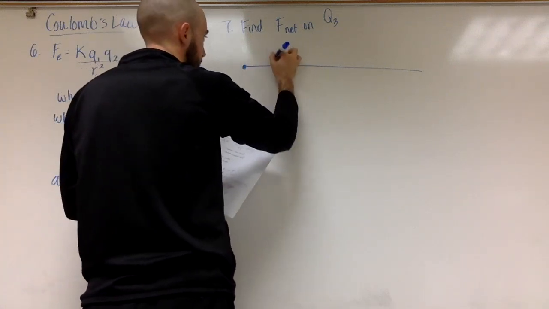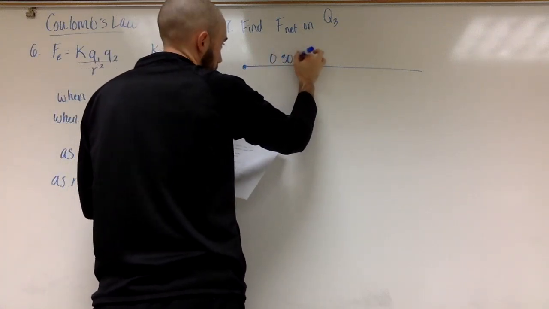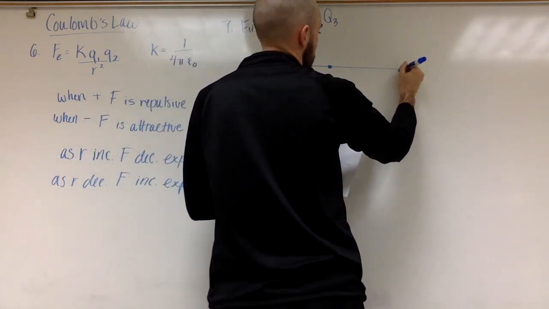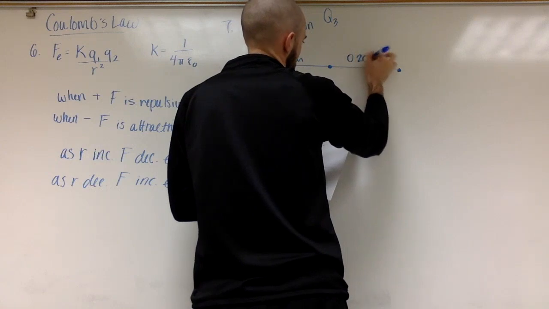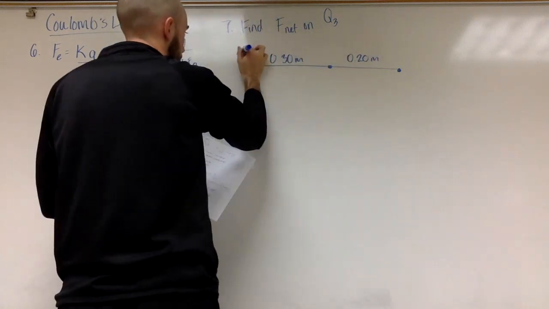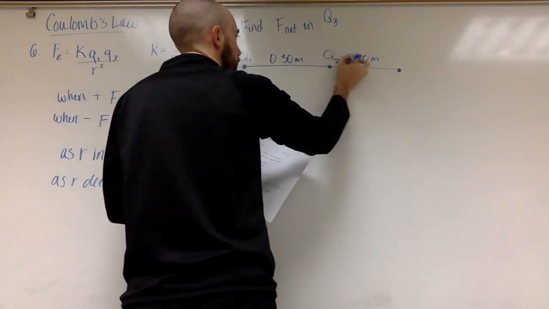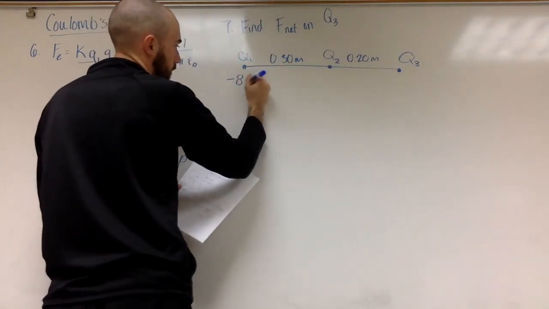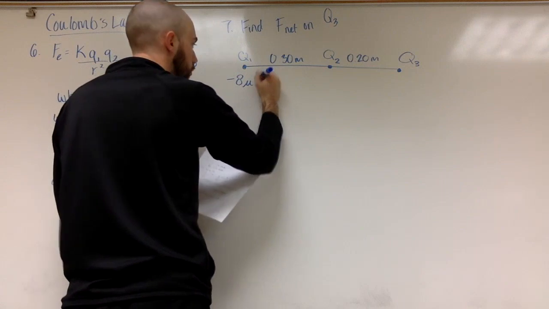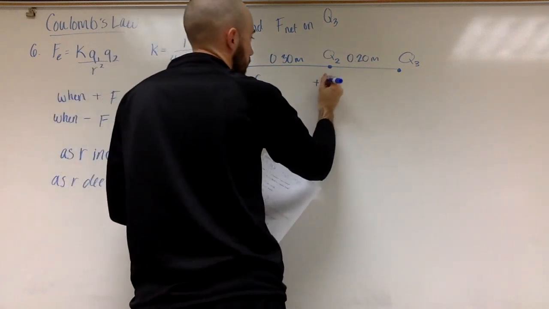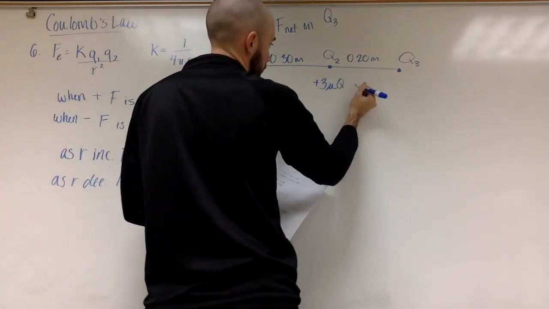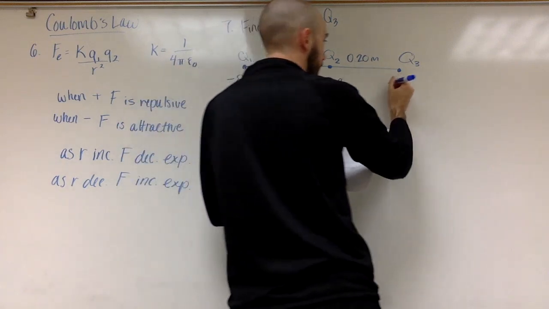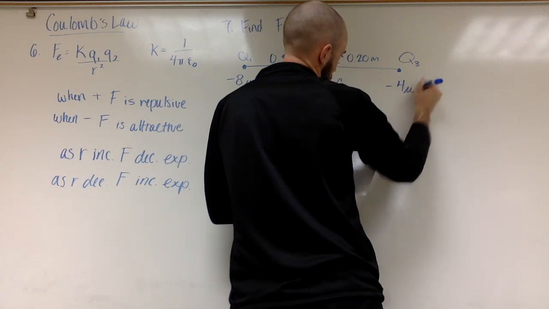Let's say our distance between our first two particles is 30 centimeters, and our distance between the other two particles is 20 centimeters. We'll call this guy Q1, Q2, Q3, where Q1 has a charge of -8 microcoulombs, Q2 has +3 microcoulombs, and Q3 has -4 microcoulombs.